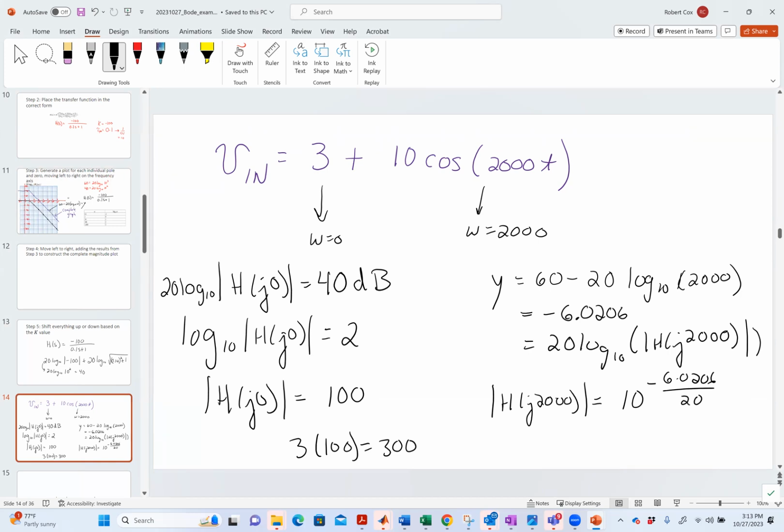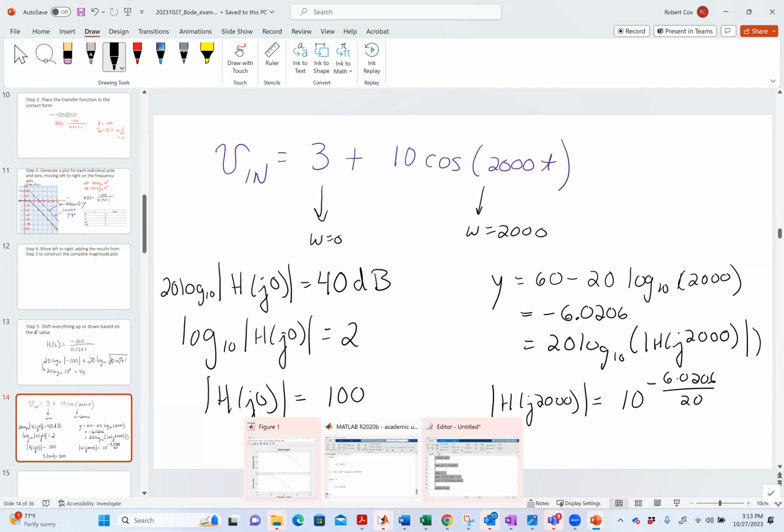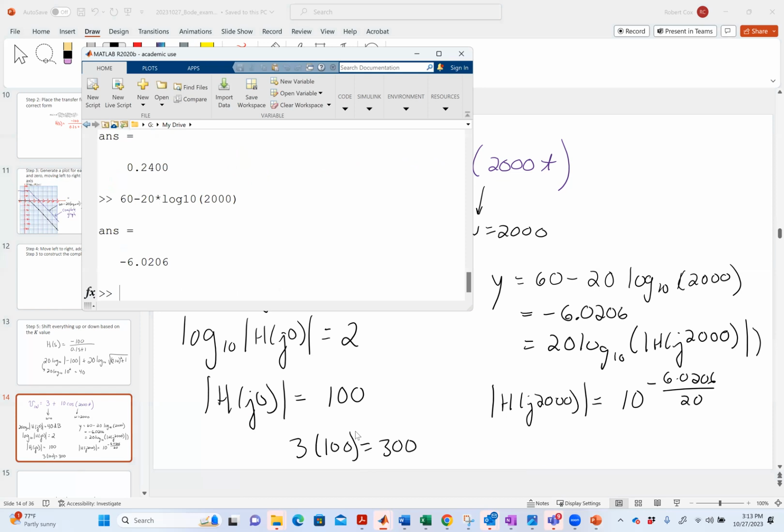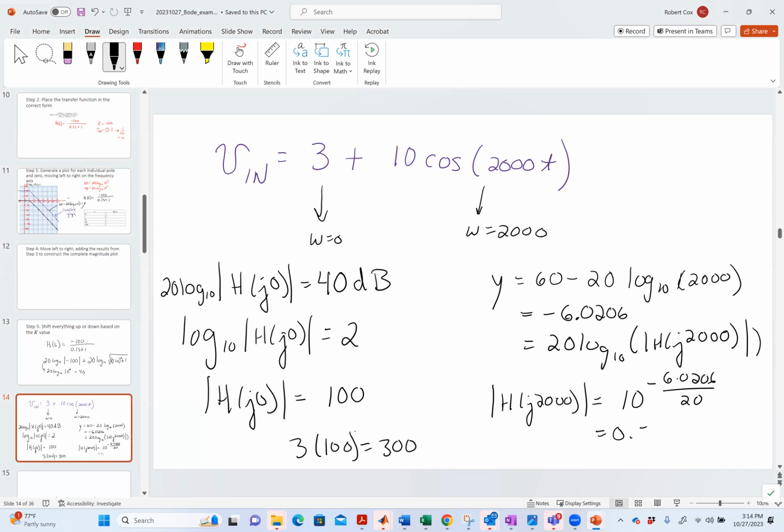Whatever that works out to be, I would write this as ans divided by 20, where ans is answer, so it'd be 0.5. That tells me the amplitude of the output at 2000 radians per second would be 5.